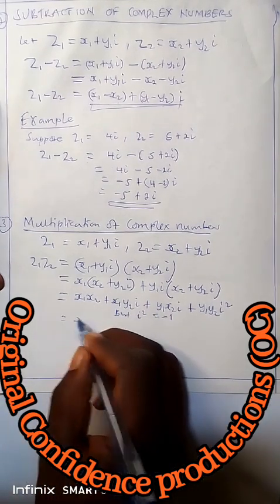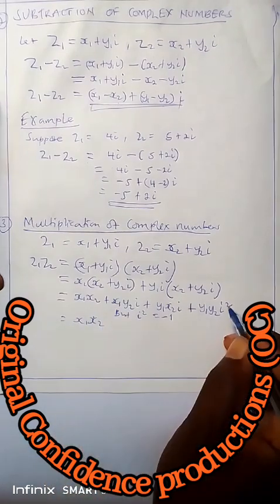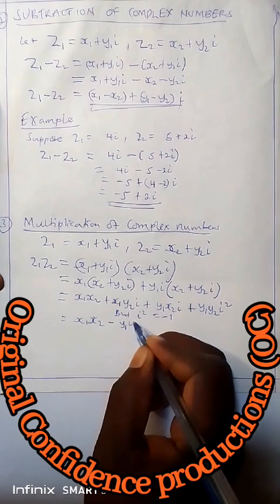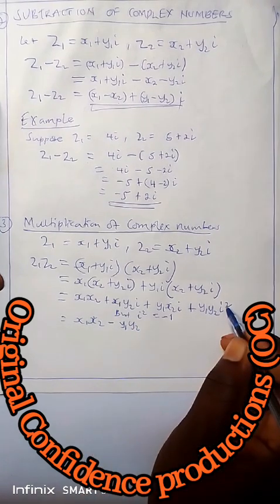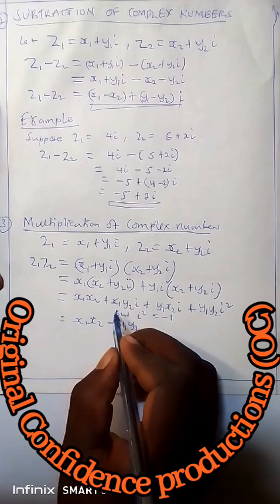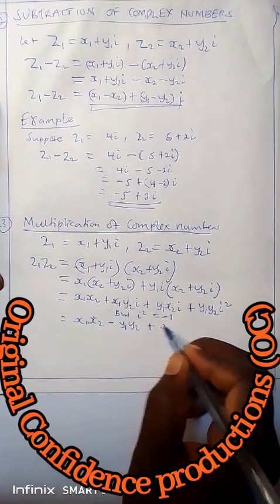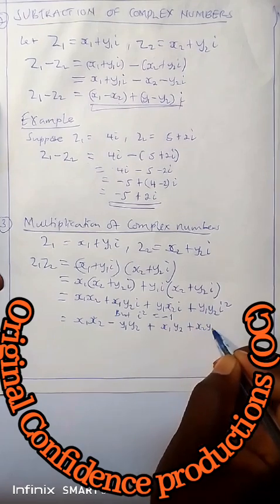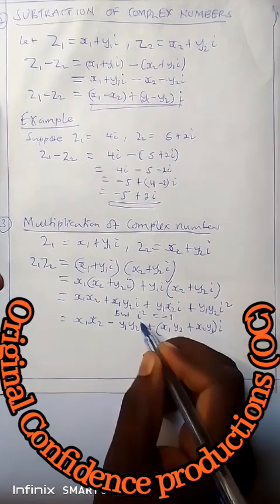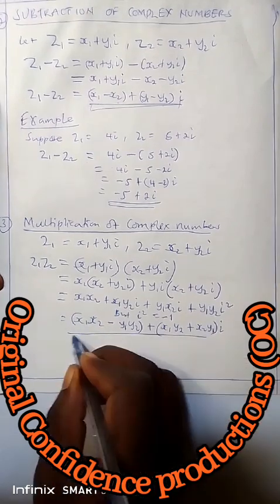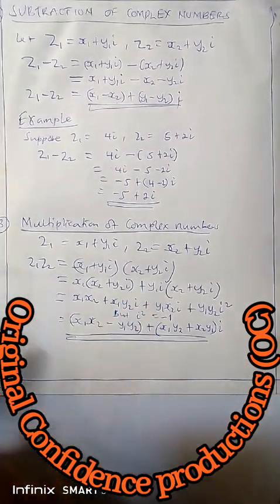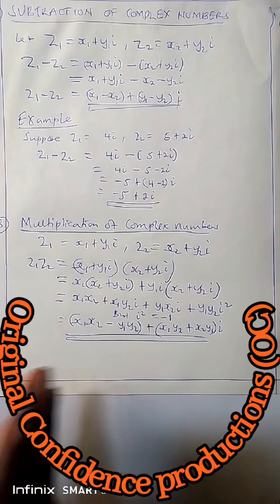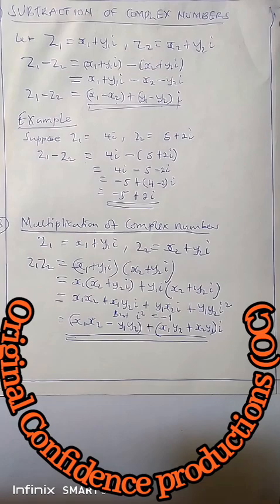So we shall have x1 x2, then this one will be minus, so we shall have minus y1 y2 because of this i squared. Then plus x1 y2, then plus x2 y1, then outside we shall put i. This is the final answer. There are very many ways of writing this. You just open the brackets and keep on multiplying.